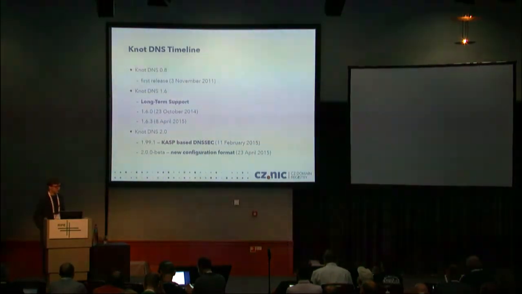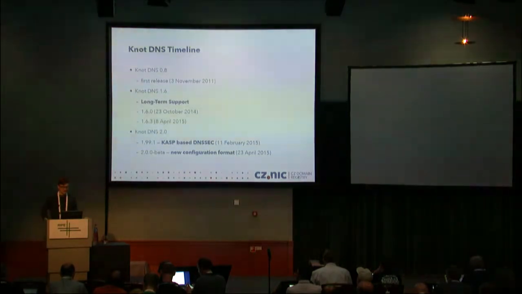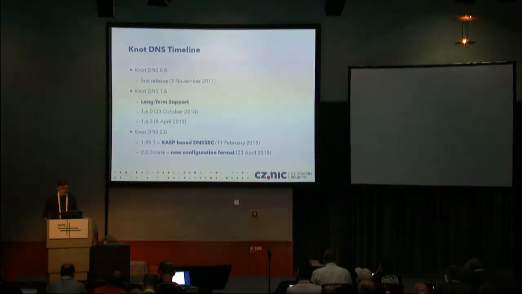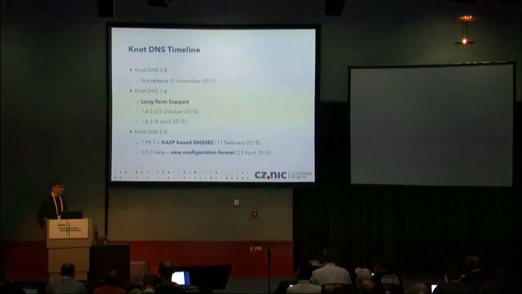But there were still voices from the community that required huge changes which were incompatible with the existing architecture of the server. So in October we released version 1.6 and said this will be the long-term support version. We will provide only bug fixes and security fixes for this version.